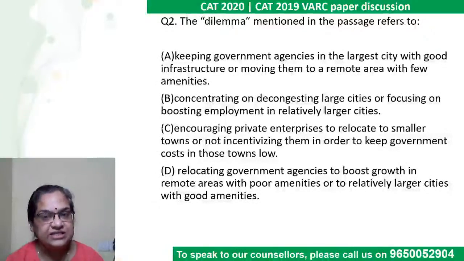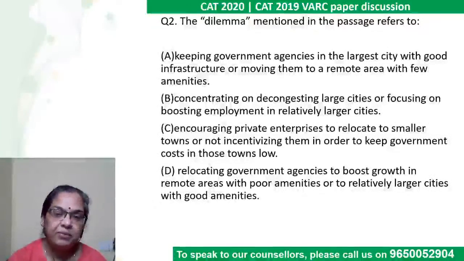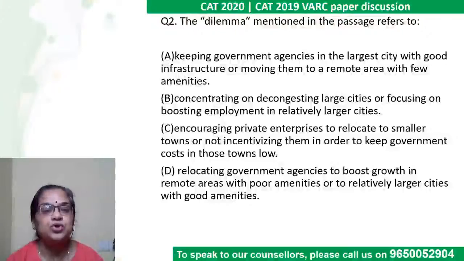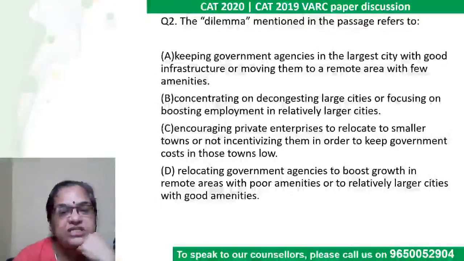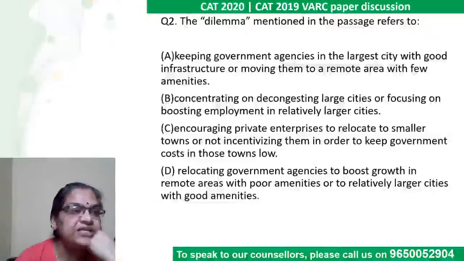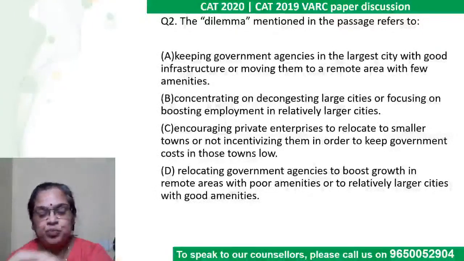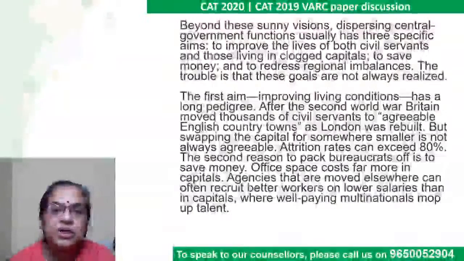B, concentrating on decongesting large cities or focusing on boosting employment in relatively larger cities. C, encouraging private enterprises to relocate to smaller towns or not incentivizing them in order to keep government costs in those towns low. D, relocating government agencies to boost growth in remote areas with poor amenities or to relatively larger cities with good amenities. All right. Now let's go back to where he talks about the dilemma.